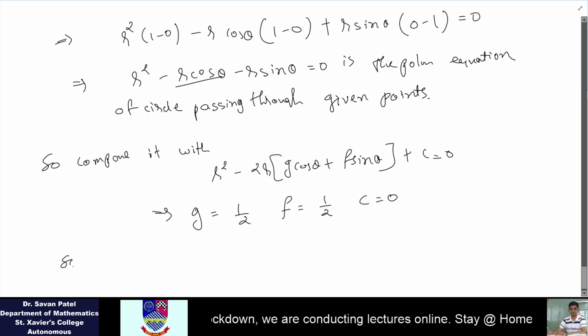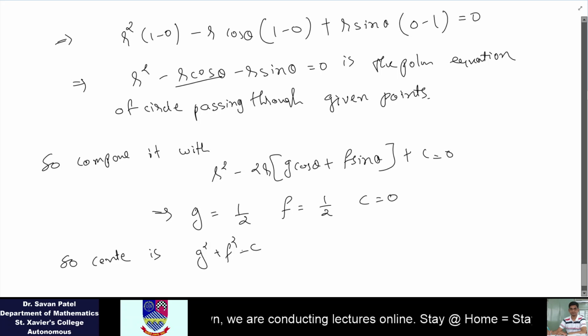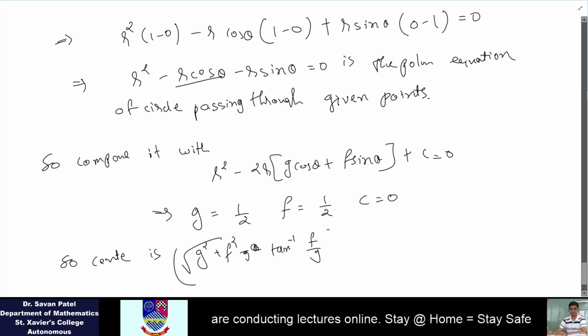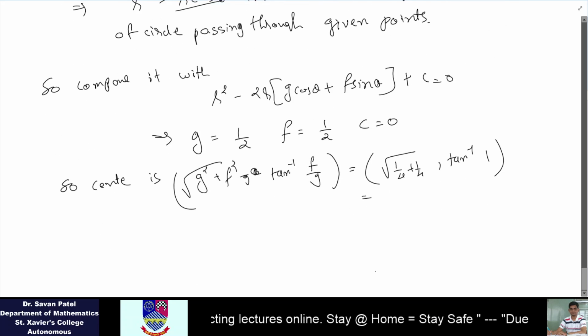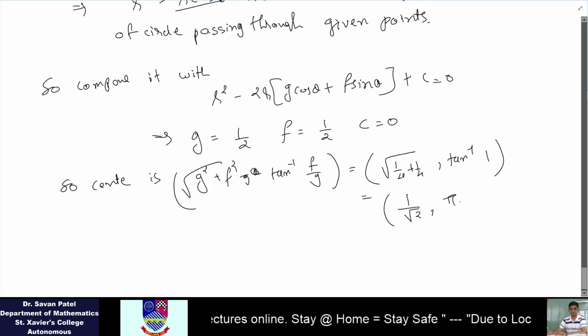So now the center is the square root of g² plus f², comma, tan inverse f by g. The square root of 1/4 plus 1/4, comma, tan inverse of (1/2)/(1/2), which is 1, that is π/4. So the center is (1/√2, π/4).